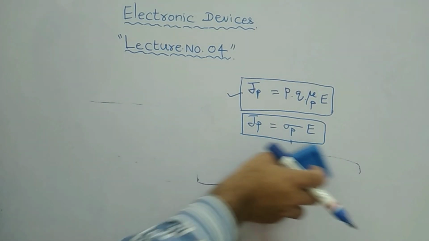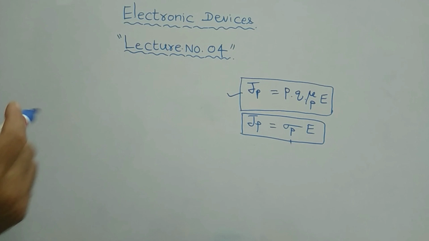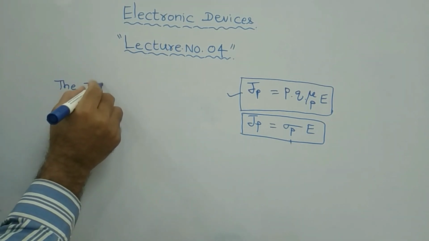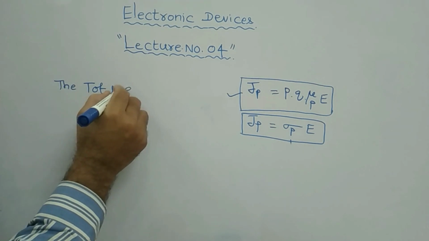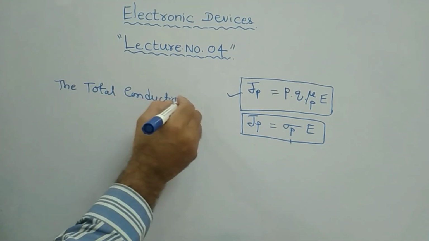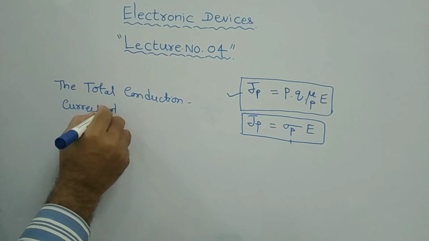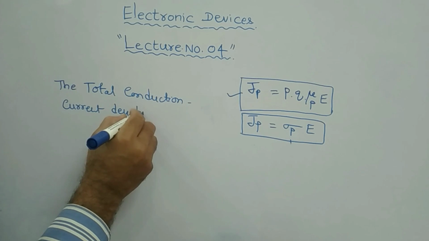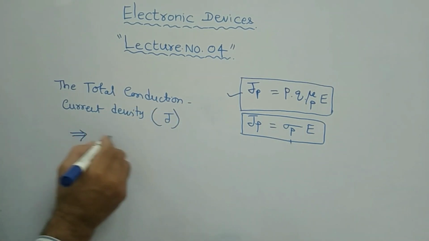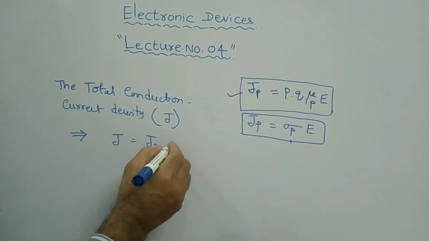J is nothing but, for any semiconductor, the total conduction current density. You can write this as capital J, that is J equal to J suffix n plus J suffix p.